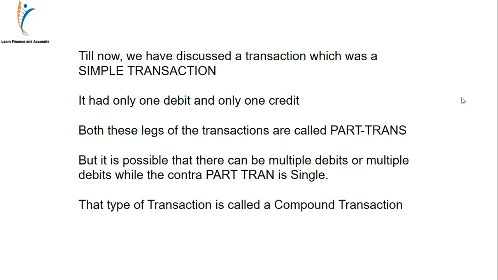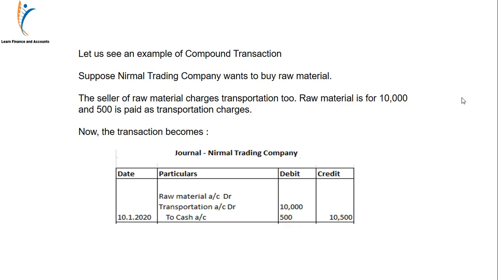But it is possible that there can be multiple debits or multiple credits, while the contra part is single. That type of transaction is called a compound transaction. Now let us see another example. Suppose that company, Nirmal Trading Company, wants to purchase raw material.